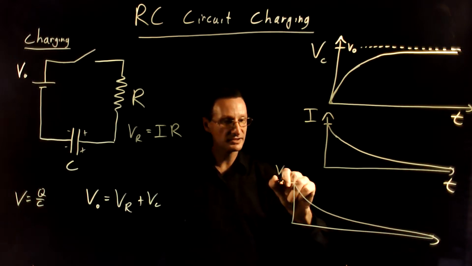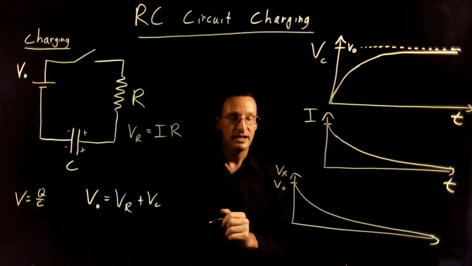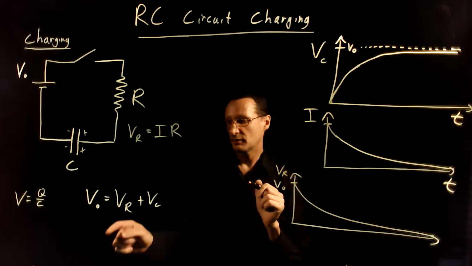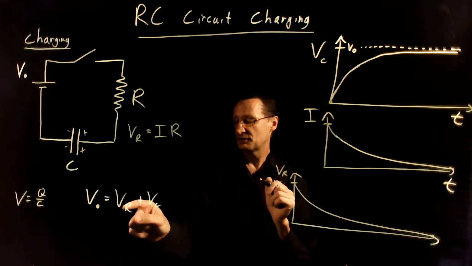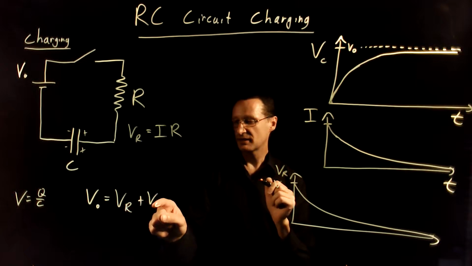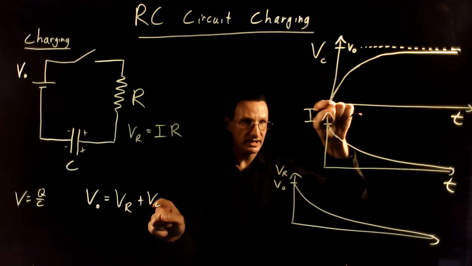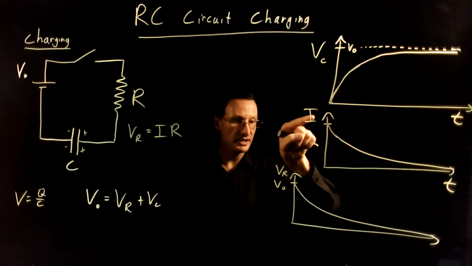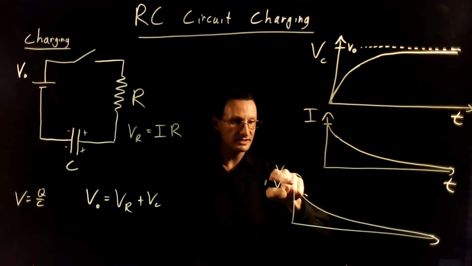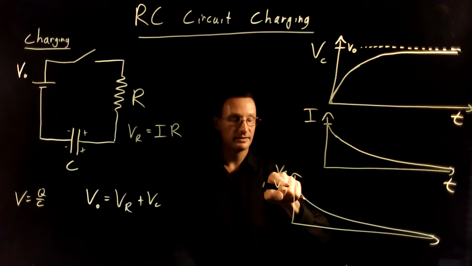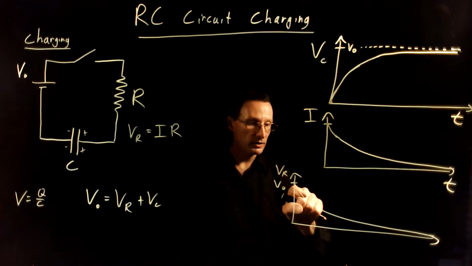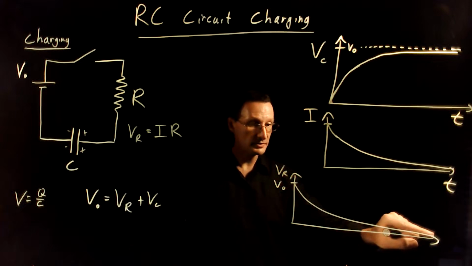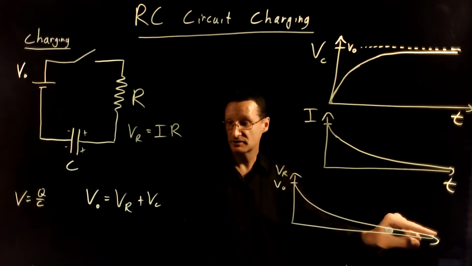And in fact, it's going to start out at V0. How do I know it starts out at V0? Well, V0 is the voltage across the resistor plus the voltage across the capacitor. The capacitor starts out at V equals 0, excuse me. So this one plus this one has to equal V0. And over a long period of time, the voltage across the resistor goes to 0.